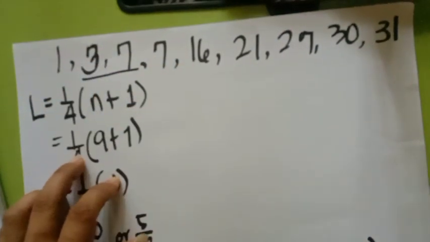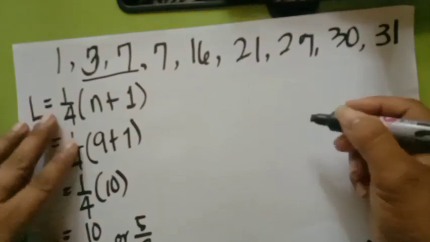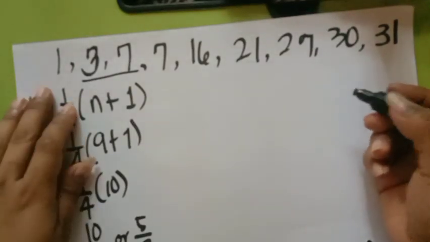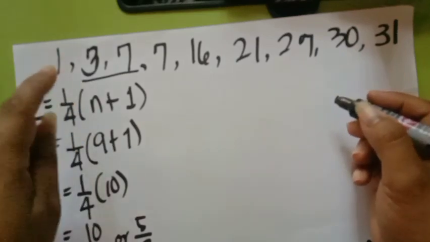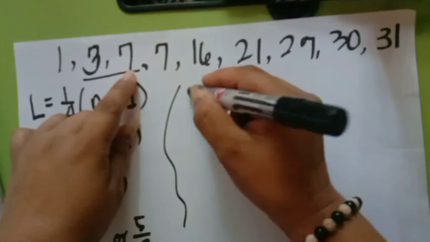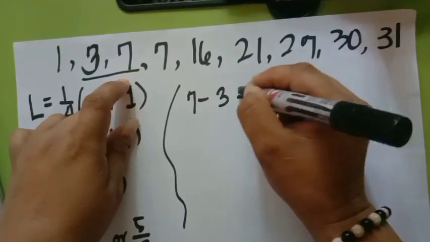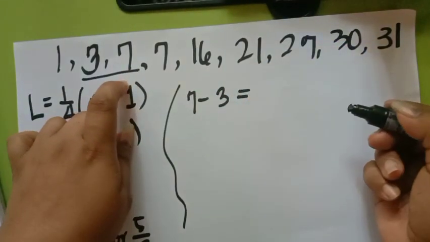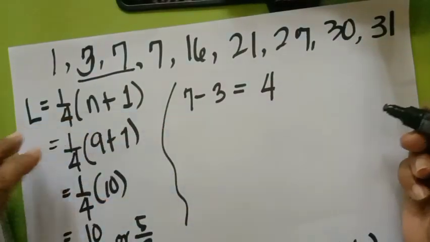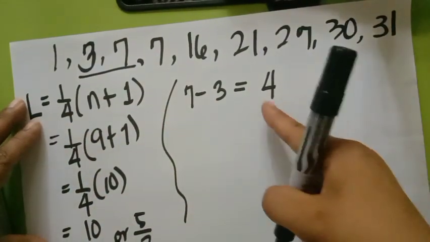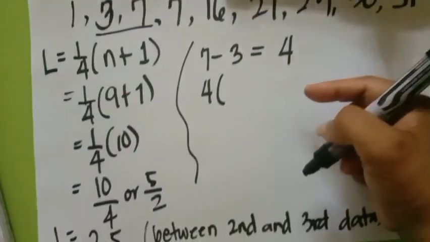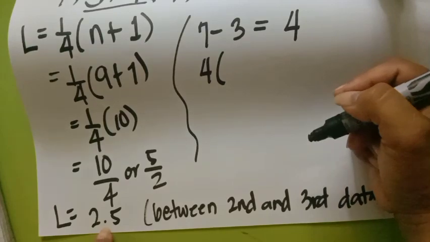Tama ba? So, first step natin is to subtract the second data from the third data. The second data is 3, the third data is 7. So, that is 7 minus 3, which is equal to 4. Next step, yung 4 na nakuha ninyo, imumultiply natin sa decimal na nakuha natin na 0.5.